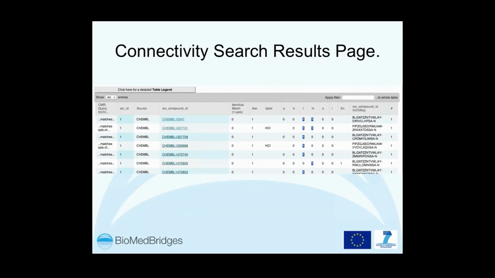And the zeros and ones within those columns indicate whether there is a difference between the standard InChI which has been retrieved and your query standard InChI. So for example here, ChEMBL 10347 differs in the T and M layer to the query molecule.